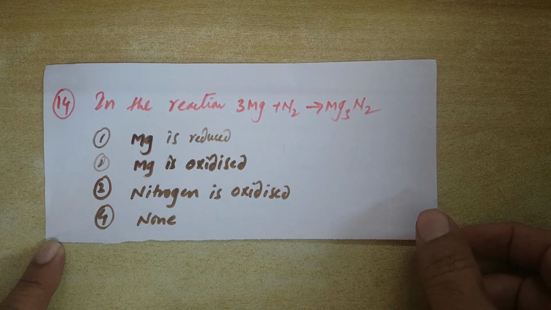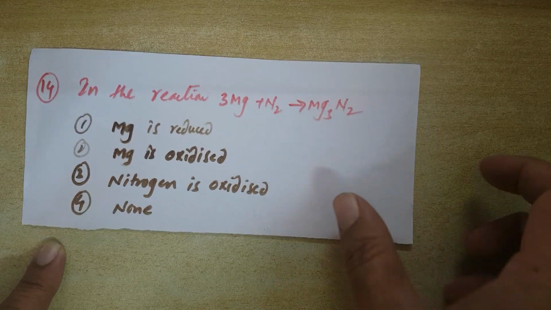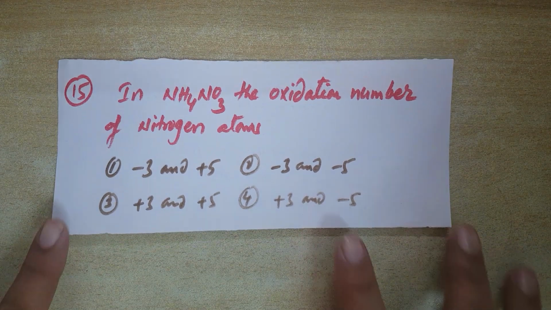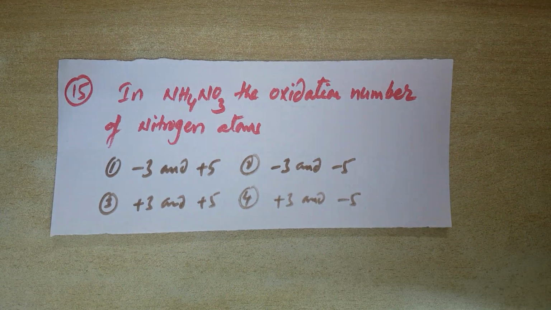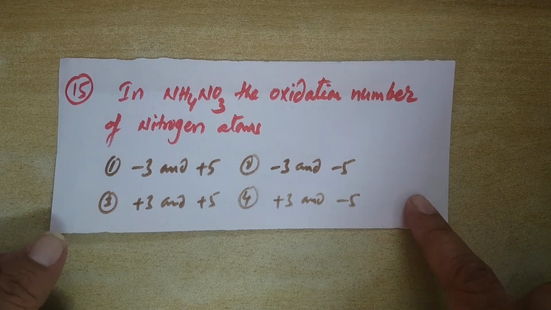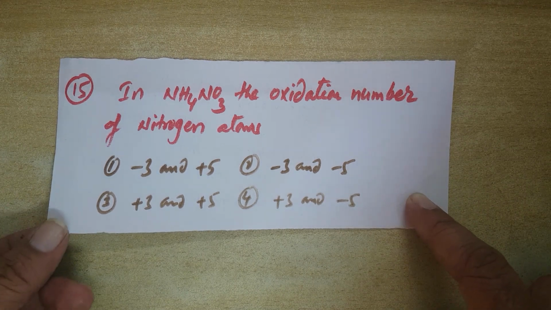If it is participating in oxidation, it is considered an oxidized element. Next, question number 15. NH4NO3 is ammonium nitrate. If you split the compound into NH4 plus and NO3 minus, you can find the nitrogen oxidation number. This is a very common question, many times repeated in competitive examinations.